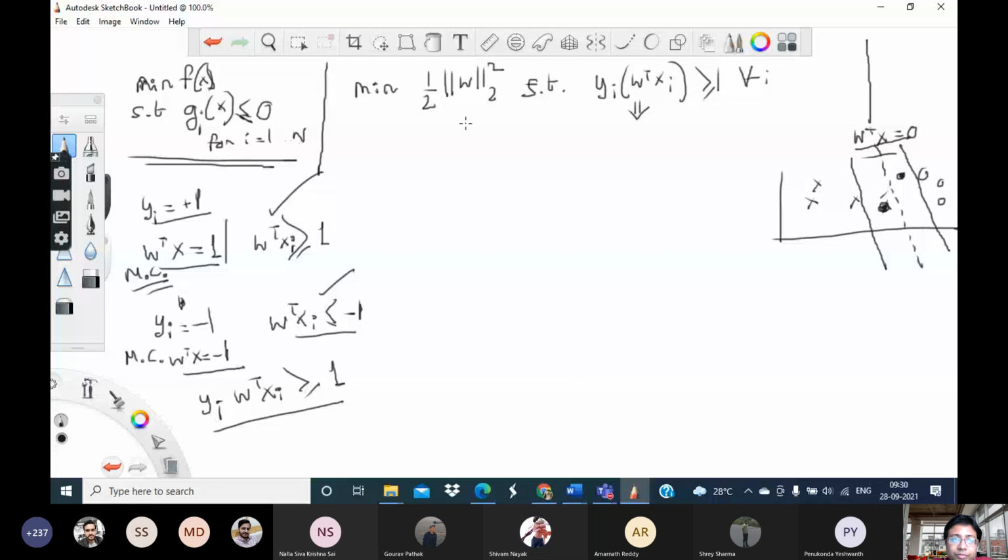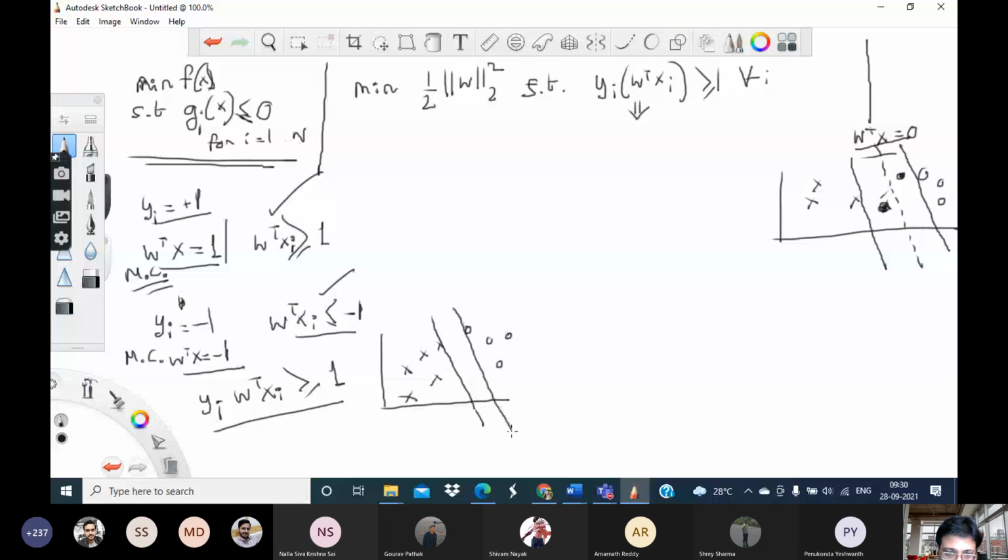Sir, how do we know the marginal classifiers are parallel to each other? We may not have two points in the two classes that are parallel to each other. No, however the points are located, it will always be possible to find planes which are parallel to each other.